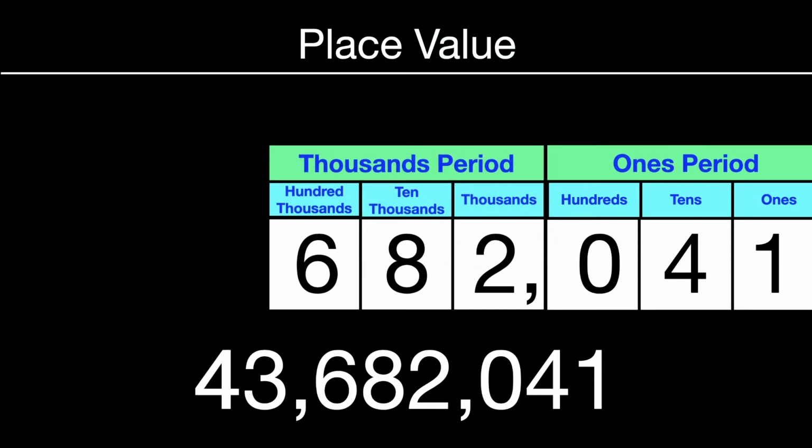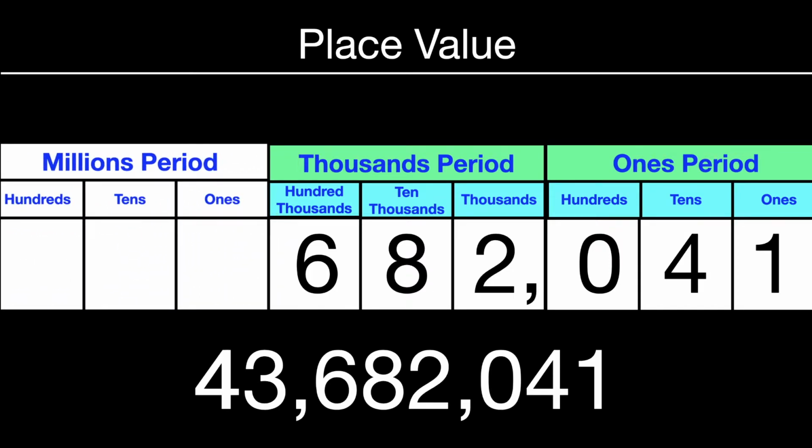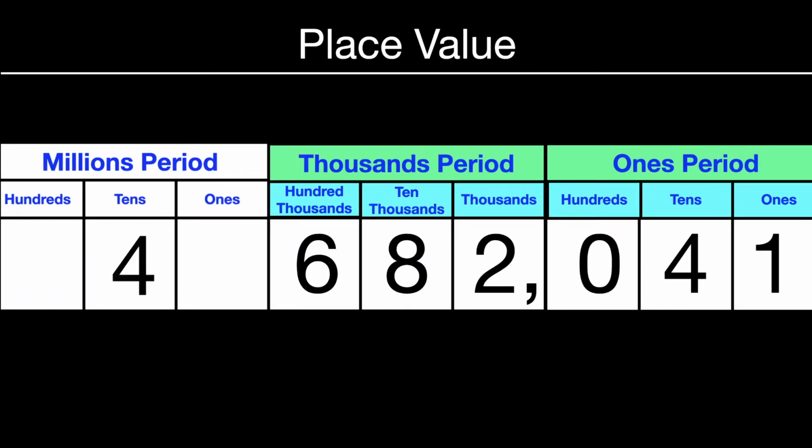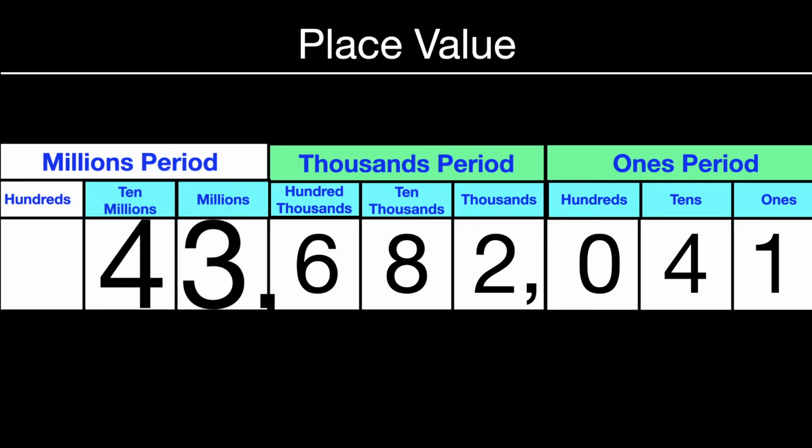Then the 4 and the 3 are in the millions period. The 3 would be in the 1 millions, but it's usually just called the millions place value. The 4 is in the 10 millions place value, and then there's also the 100 millions place value. Those three make up the millions period.